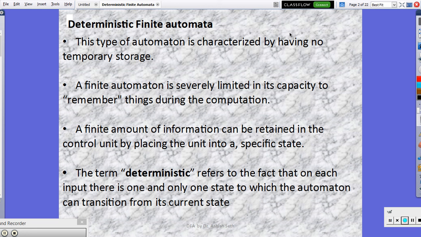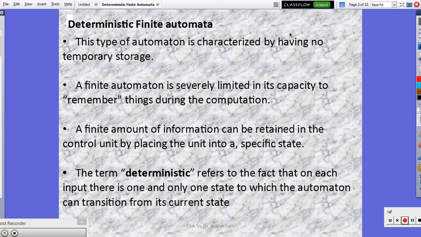A finite automata is severely limited in its capacity to remember things during the computation. Also, the information can be retained in the control unit by placing the unit into a specific state.